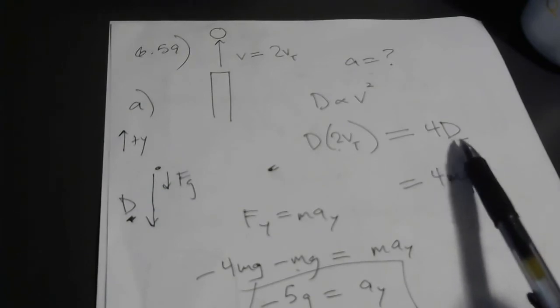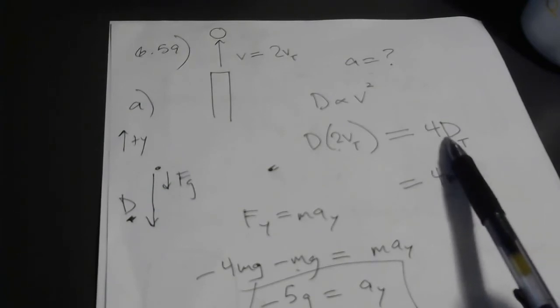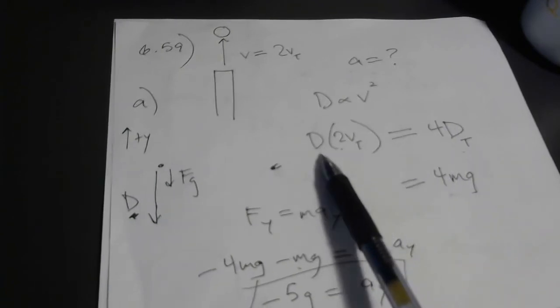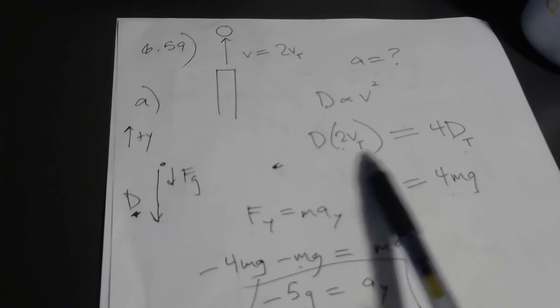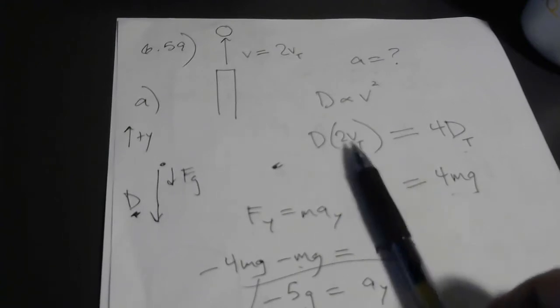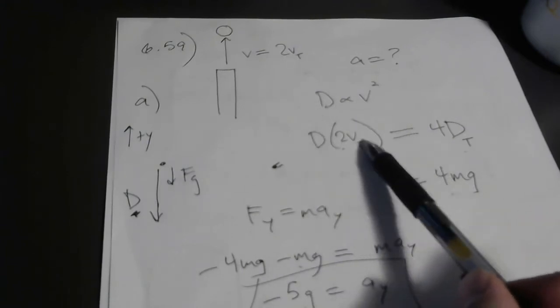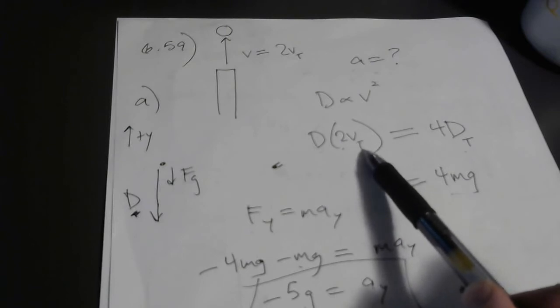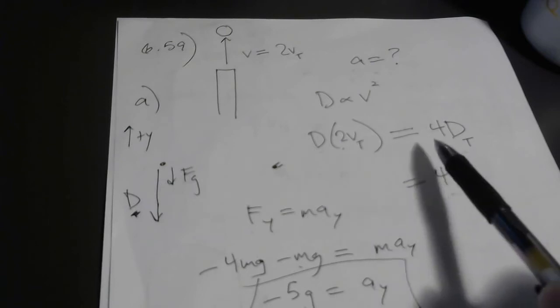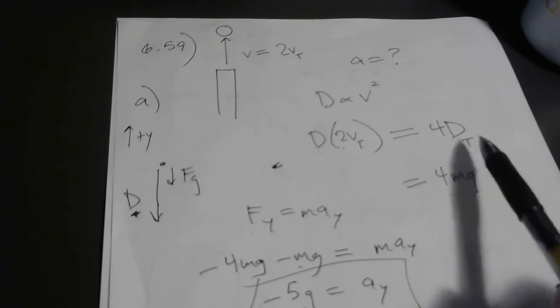So I'm using D sub t to mean the drag force at terminal speed. What I've written here means the drag force evaluated at this particular speed. Doubling your speed means quadrupling your drag force. So if you're going twice as fast as terminal speed, your drag force should be 4 times what it is at terminal speed.